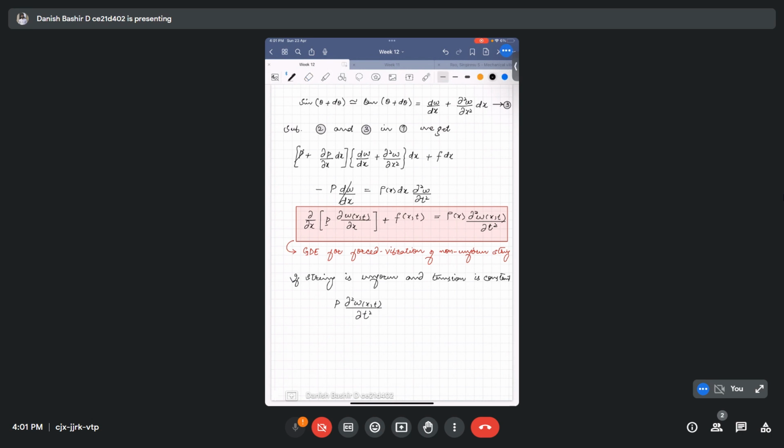One more thing, the forcing function will be actually there, f of x comma t. Rho will not be a function of x because it's uniform, it's rho dou 2 w of x comma t divided by dou t square. So this is for uniform string, okay, for uniform.